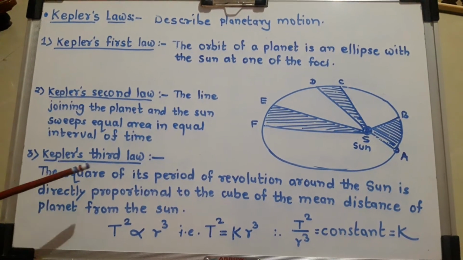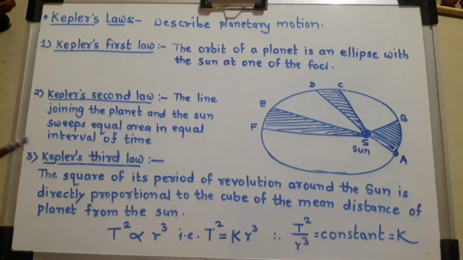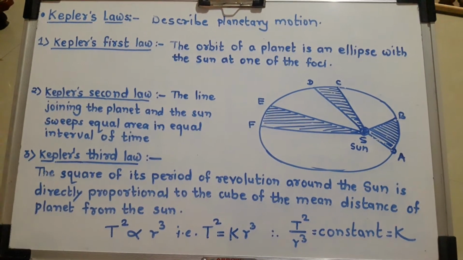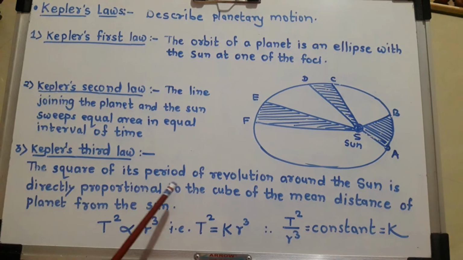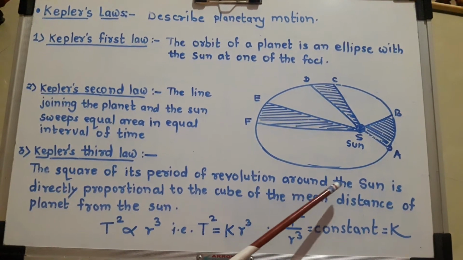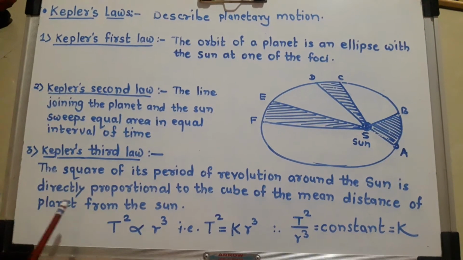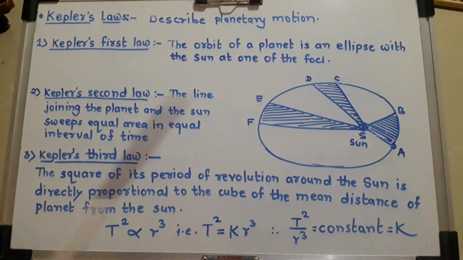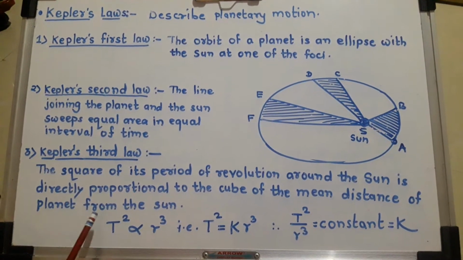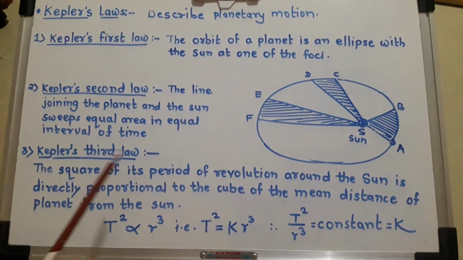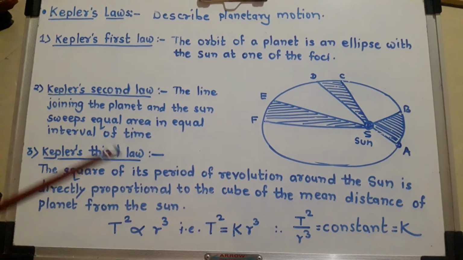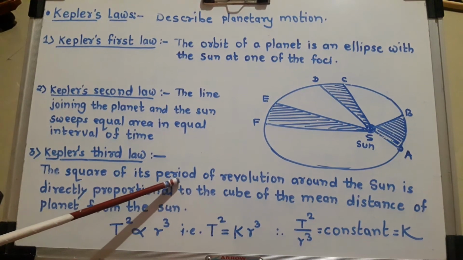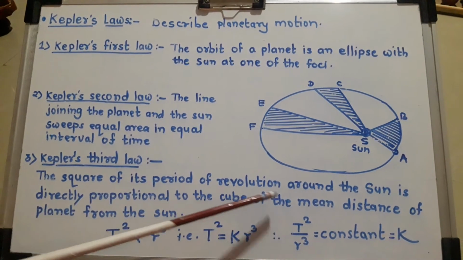And Kepler's third law is, you can see here, the square of its period of revolution around the sun is directly proportional to the cube of the mean distance of the planet from the sun. Now here one more term you should know: what is meant by period of revolution.